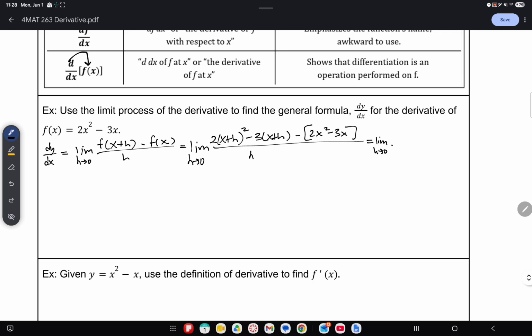All right, let's see what I can try and simplify. So let me distribute some things out. x plus h squared is x squared plus 2xh plus h squared, but I have to distribute that 2 on the outside. So that becomes a 2x squared and a 4xh and then a 2h squared.